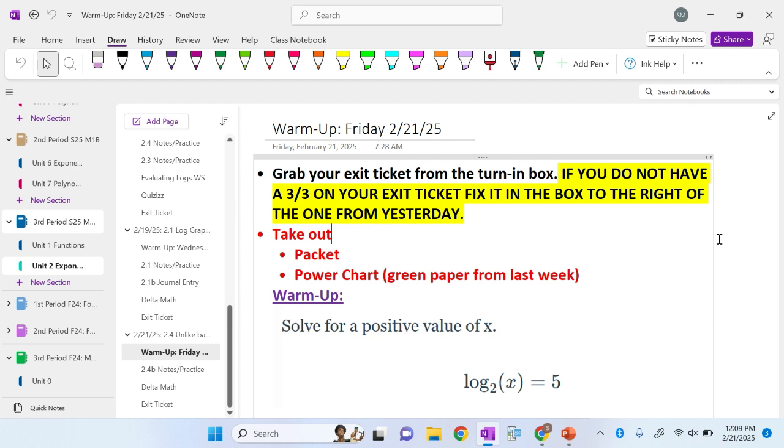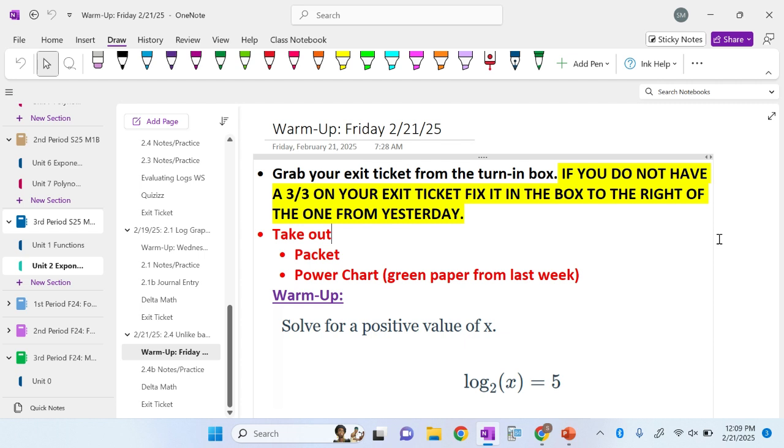So if I gave you log base 3 of 81, what would that evaluate to? Look at your power chart if you need it. If the base is 3, what power with a base of 3 would give you 81? Not 3, it would be 4. 3 to the 4th is 81.